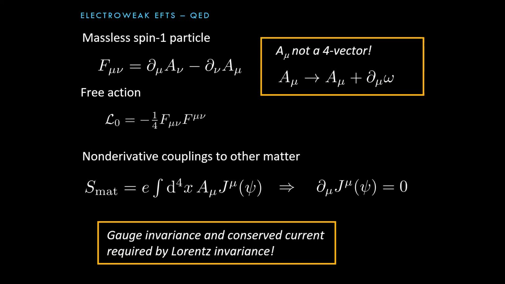Or another way to say that is that J mu might depend on A. I should be careful what I say here. I did not intend to say that the only thing you can write down that's consistent with gauge invariance and renormalizability is A mu J mu, where J mu is independent of A. That's not true, as you say. But what you do is that at low energies, you're looking for renormalizable interactions that are consistent with gauge invariance.